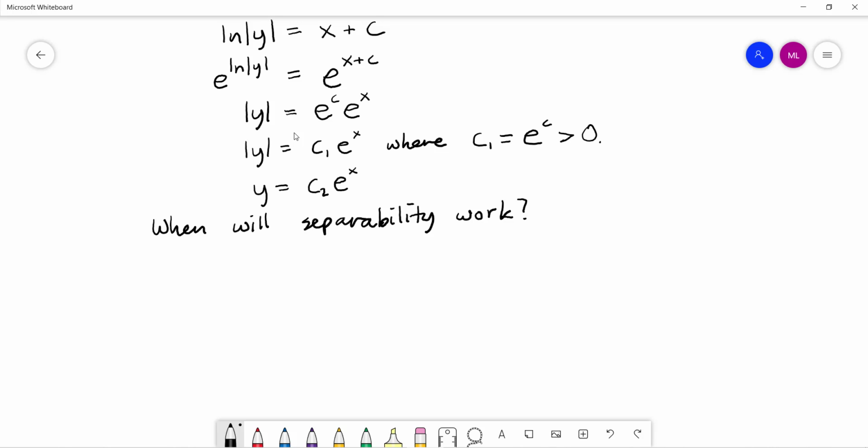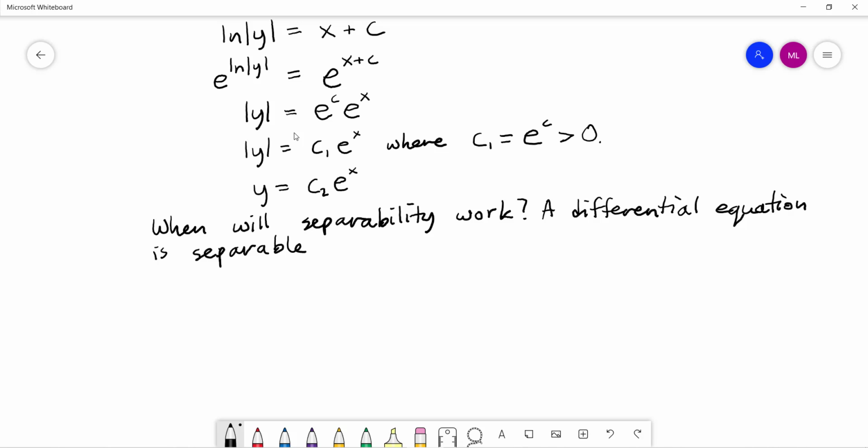And it turns out a differential equation is separable. So this is, in a sense, our definition of separability.